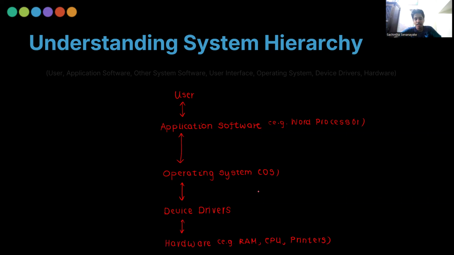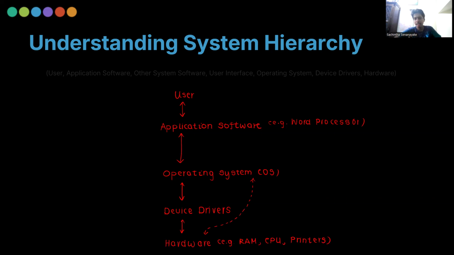Now, some core hardware components the OS is able to directly manage without the use of device drivers. So you can imagine that there is the ability for the OS to directly manage hardware like the CPU and the RAM without the need of device drivers.